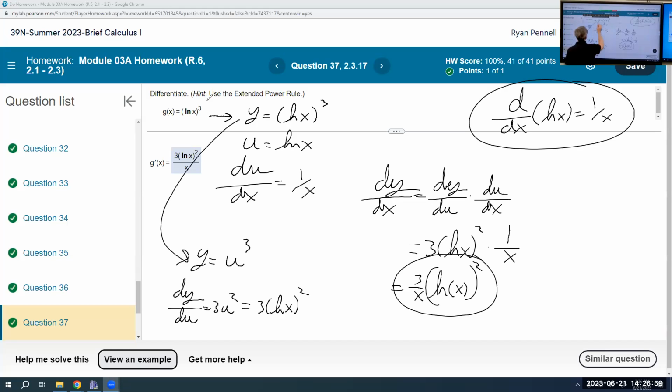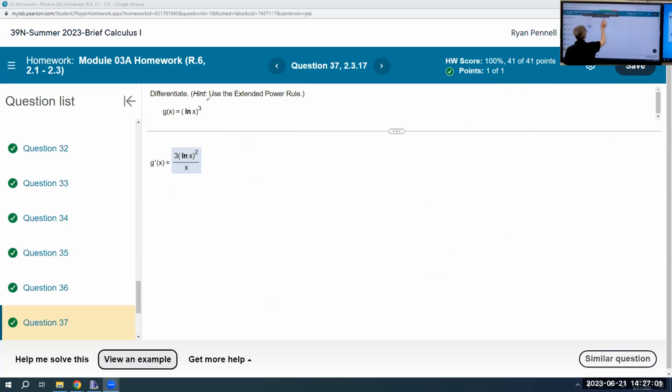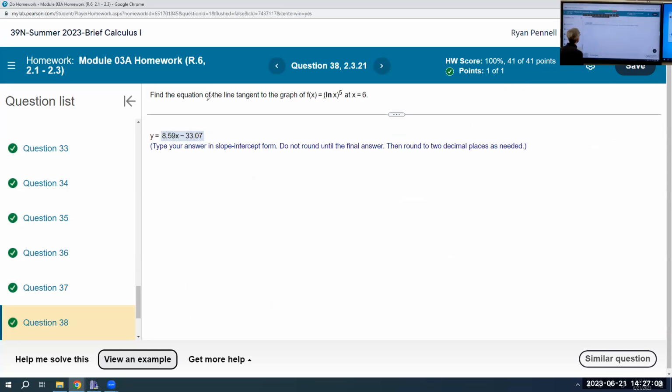For 37, can I do one more problem before break? 38. Find the equation of tangent line. Classic. All right, we have f of x equals ln of x to the fifth, and they want it at x equals 6. Okay. Step-by-step guide.